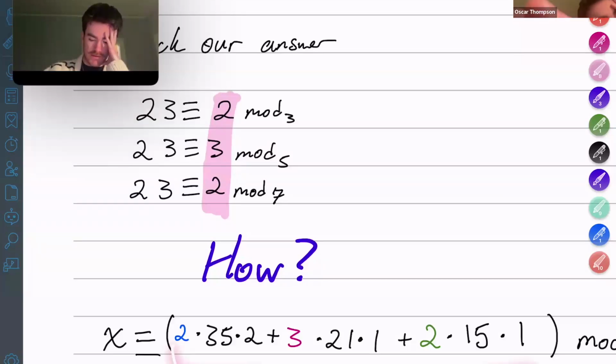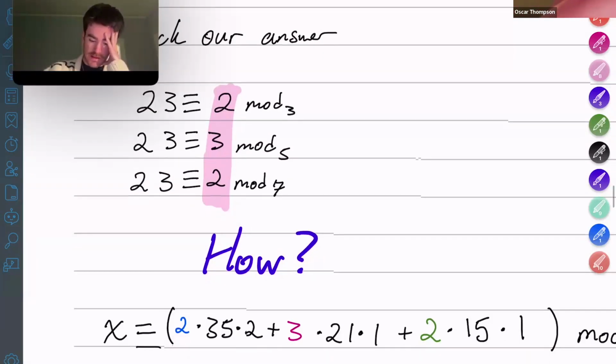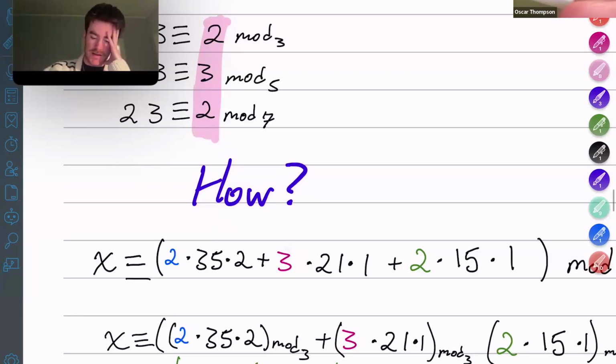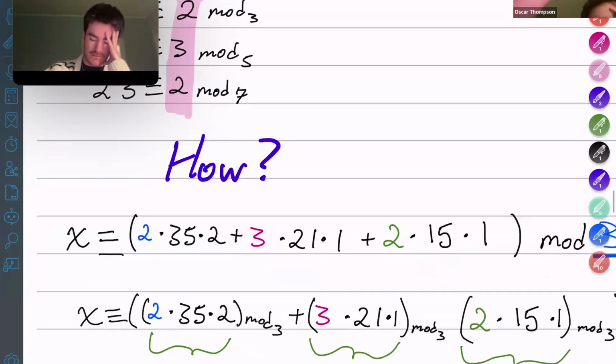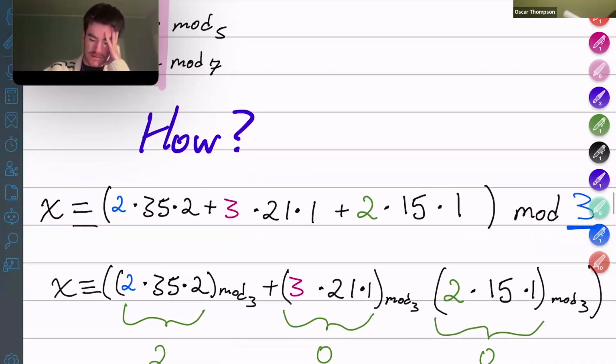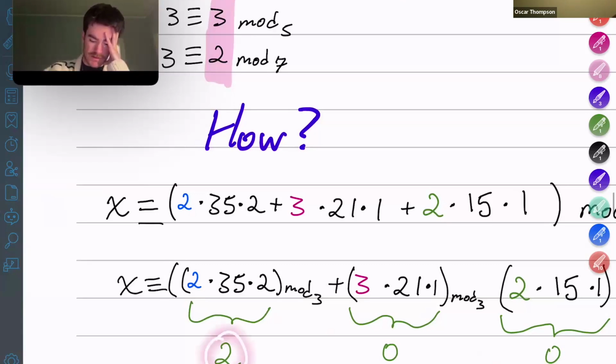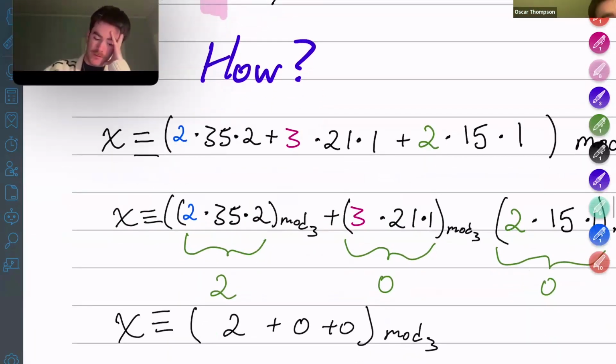This is the original equation from our solution, and what I want you to notice is that there's a 3 here, and this 15 is 3 times 5. Any multiple of 3 in mod 3 is just going to be 0. So these simplify down to 0, and we're left with just this 2, because this had no factors of 3 in it, and we were able to design it in such a way that this gives us 2, which was the remainder, our a from before. So we get that x equals 2 mod 3.